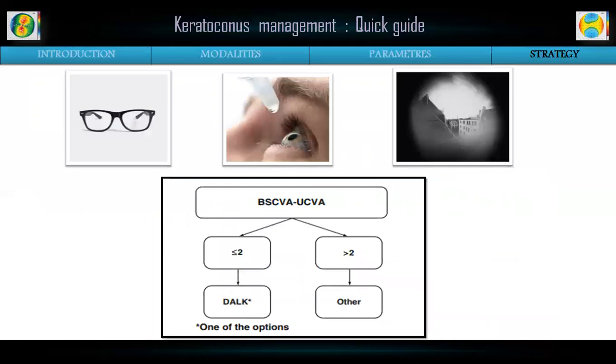For the difference between the best corrected visual acuity, if we have a difference less than 2, we should think about deep anterior lamellar keratoplasty like first option for the patient.